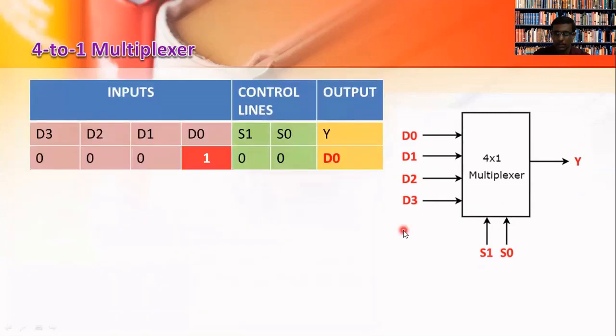So this is the truth table of 4-to-1 multiplexer. 4 inputs D0, D1, D2, D3. Output Y and control lines S0 and S1.